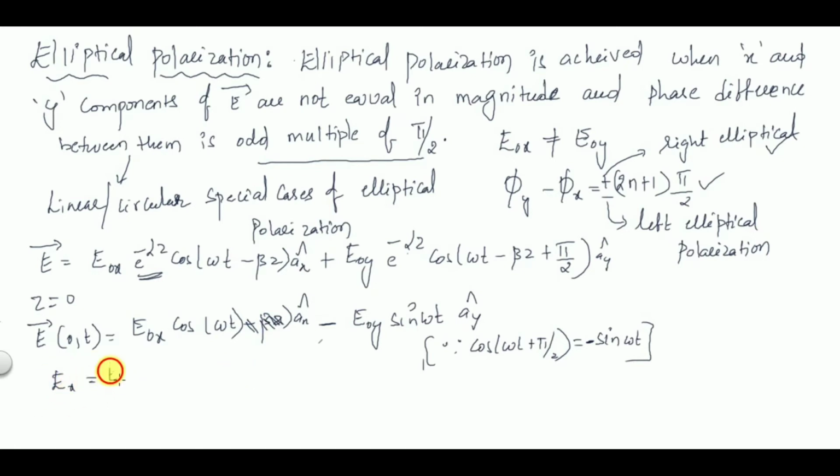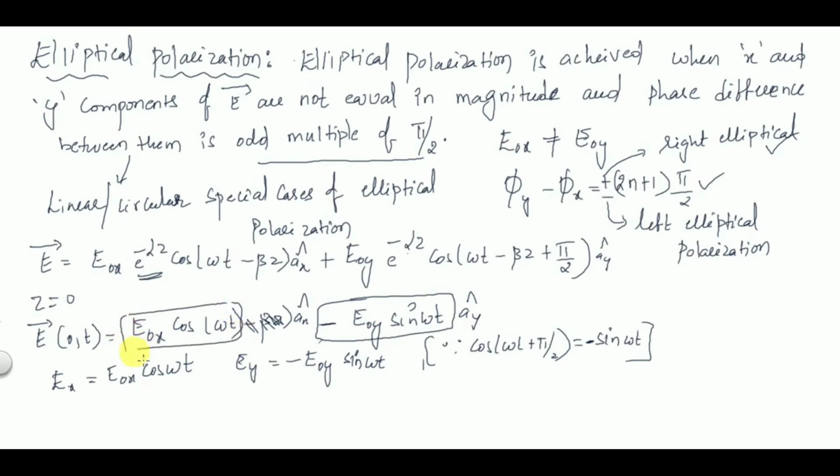So what is the x component here? Ex is EOX cos omega t. Similarly, the Ey component is minus EOY sine omega t. So this is the magnitude of EY, and this is the magnitude of EX. So Ex by EOX is cos omega t.